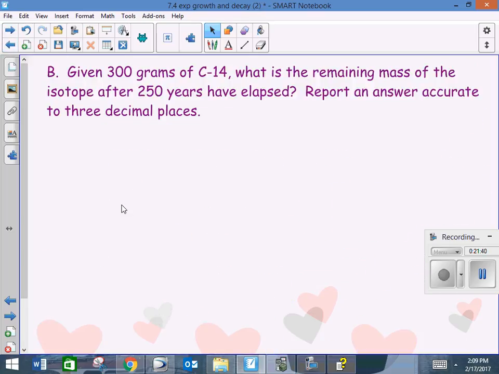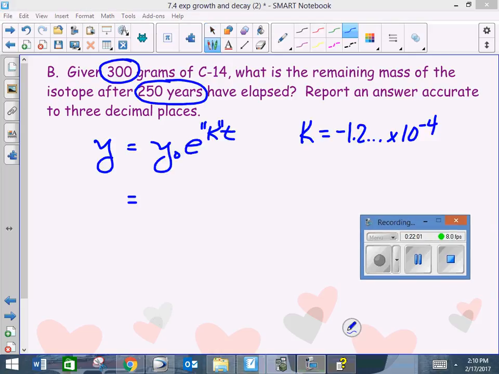Okay. Do that one, and then we'll go to AP problems. So where'd the 300 go? Initial value.